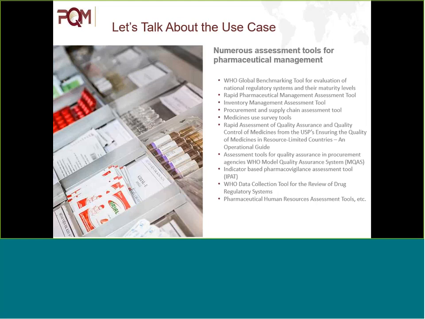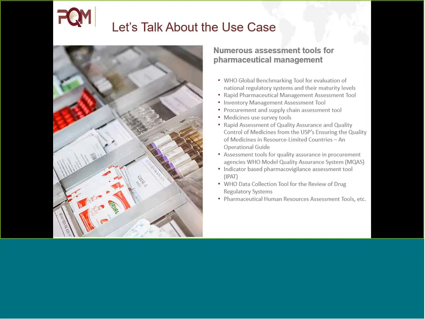There's the inventory management assessment tool, the procurement and supply chain tool. Some of you must remember the days of the drug use survey. Then we have the rapid assessment of quality assurance and medicine control. That's from the previous USAID-funded program of USP called the Drug Quality and Information Program.